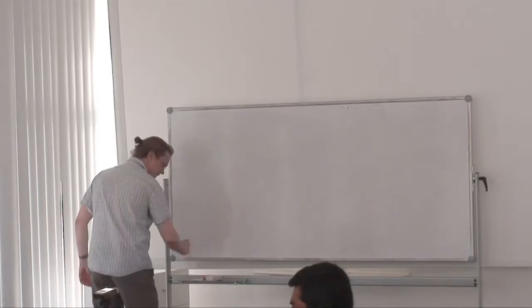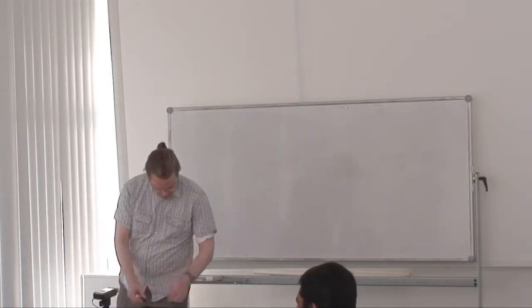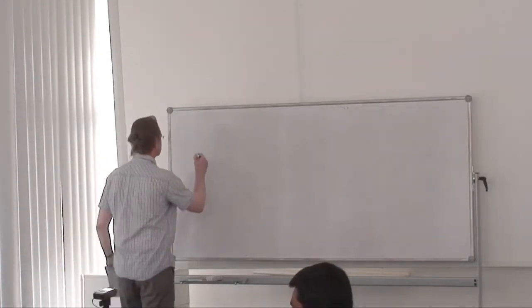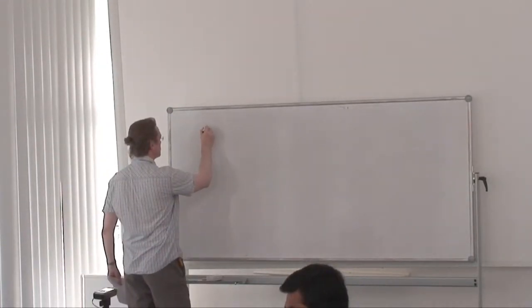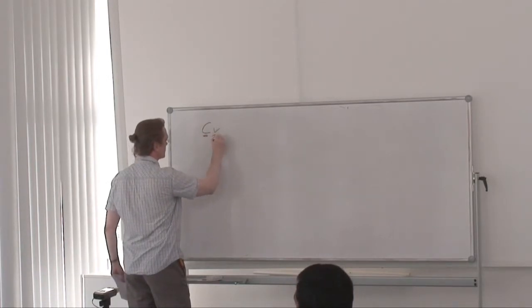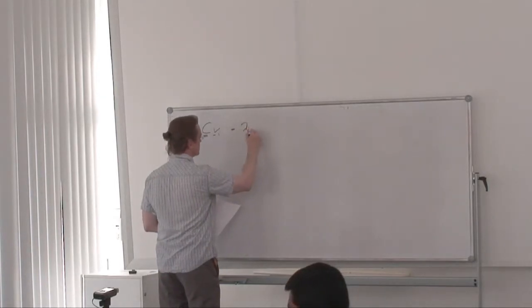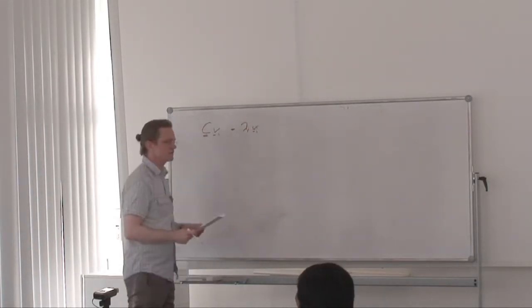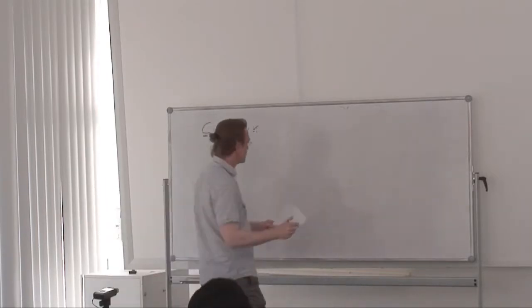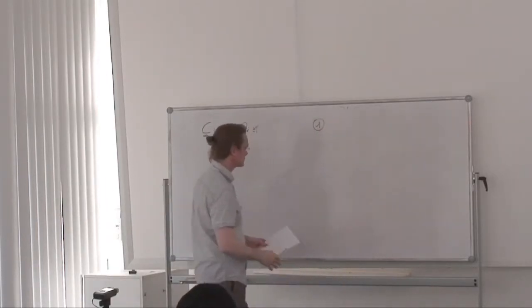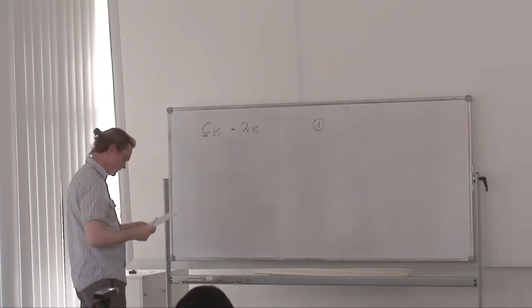Okay, let me repeat this really crucial equation we have here. So we are at the point where we have found that C times Vi is the same as lambda i Vi, this eigenvalue eigenvector equation. I have called this one equation 1 on the slides.